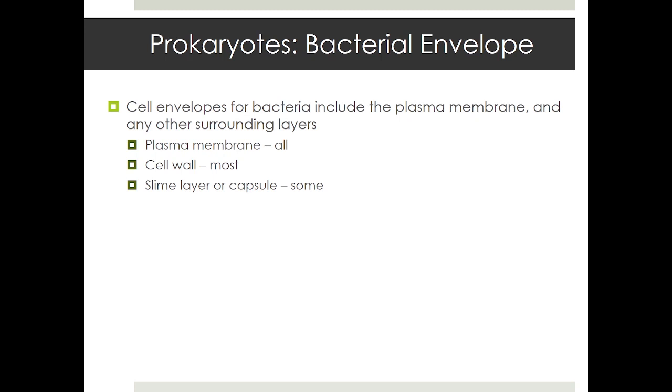That slime layer or capsule is a layer made up primarily of polysaccharides, sometimes protein as well, that is secreted by some cells, but not all. If a bacterium has all three of these, all three of them are its envelope. If it only has a cell wall and a plasma membrane, those two things comprise the envelope. So every bacterium has an envelope, but how many layers or components it has will vary depending on the species.